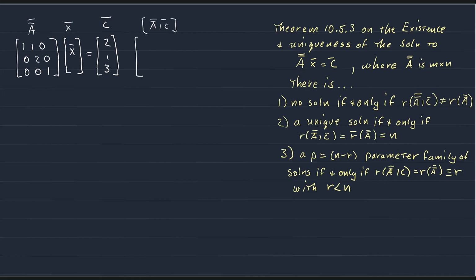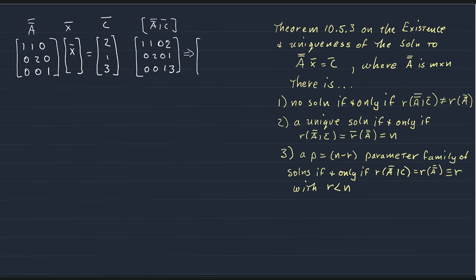That augmented matrix is [1, 1, 0, 2; 0, 2, 0, 1; 0, 0, 1, 3]. We'll start off by reducing this, going through the process of Gauss-Jordan reduction to reduced row echelon form.